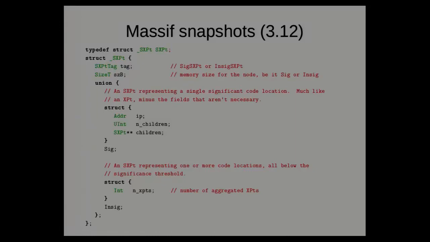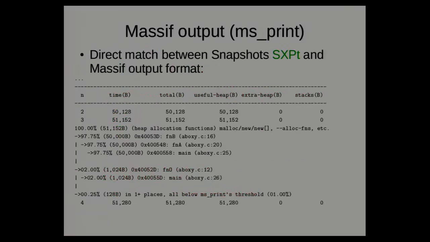And then we have here something for the non-significant part of the snapshot execution point, which records the things which are insignificant. So in 3.12, we are using a classical tree representation with bidirectional pointers, and then we have a kind of parallel structure which is derived from the full XTree snapshot.